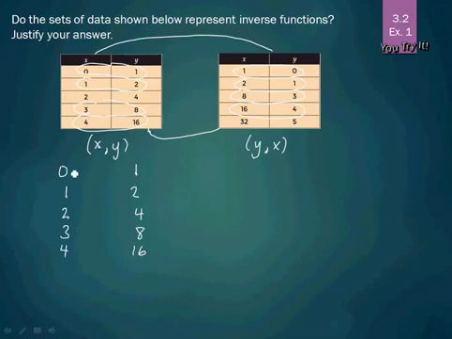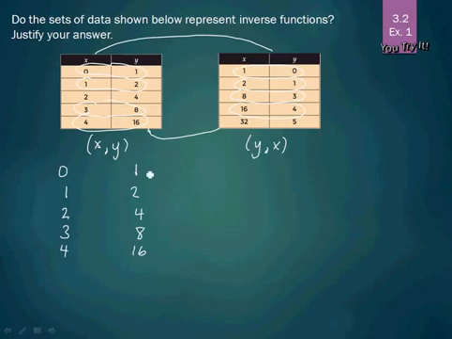We need to find, how are these points related? How does 0 relate to 1? Well, looking at the y values, I immediately recognize that these are all multiples of 2. So, we can relate this to 2. They're also exponents, basically the result of an exponent with a base of 2.